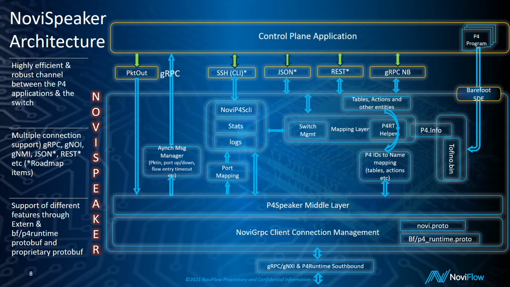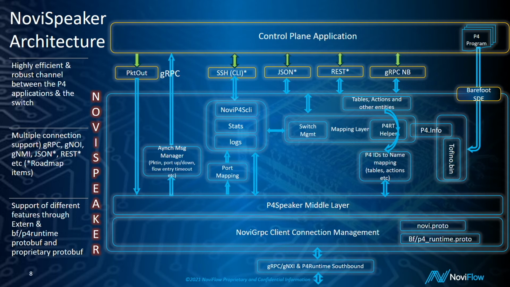From this picture, the architecture of the NoviSpeaker looks quite simple, but we have put a lot of intelligence in this product. Here I'm not showing you everything we have in this product. Just for example, there is a complex design of a configuration manager that keeps track of configuration changes done by the application at runtime in the pipeline or in the switch, and also stores a running configuration of the switch in the database, and keeps that database in sync with the running switch, right?